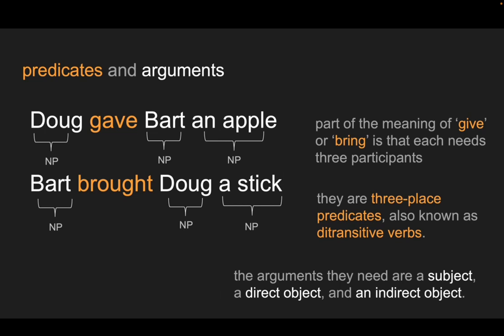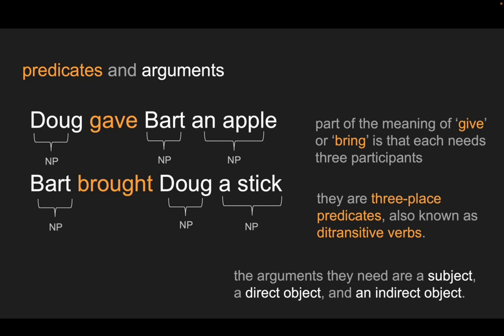So things like chase, hug. Linguists often, sadly, use verbs of violence as examples of transitive verbs because verbs of violence tend to be very transitive. Verbs like hit or kick, or even kill. Right, two-place predicates. But there's lots of different kinds of meanings that can be encoded in transitive or two-place predicates.